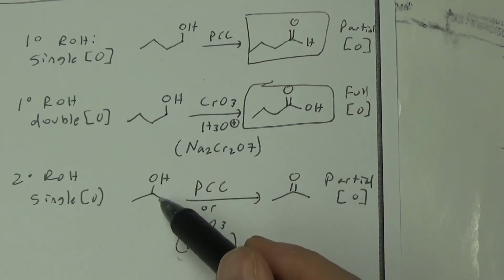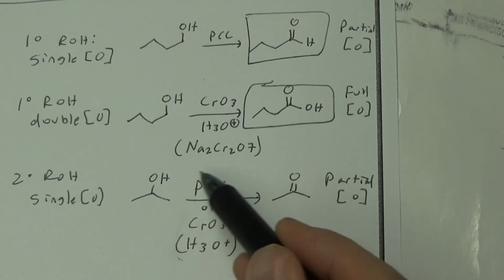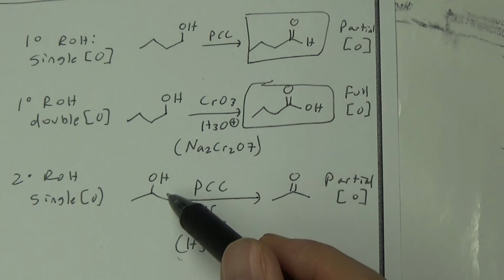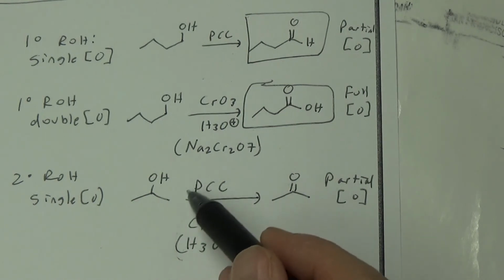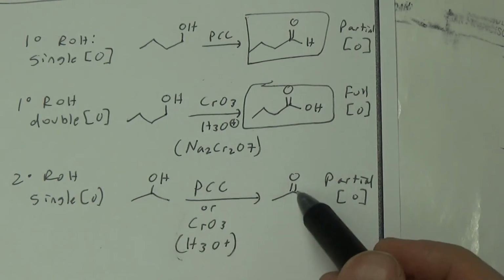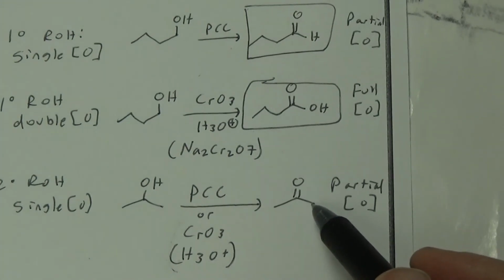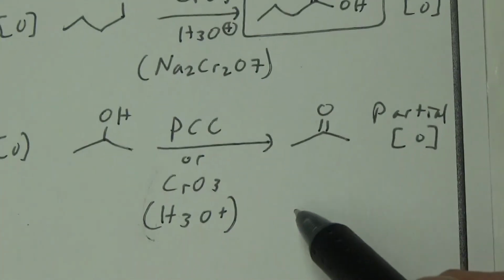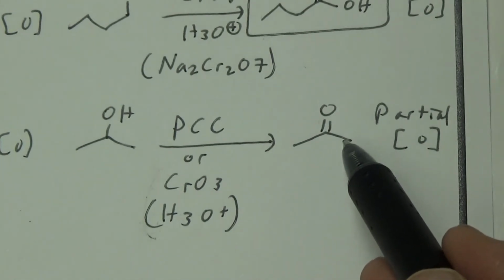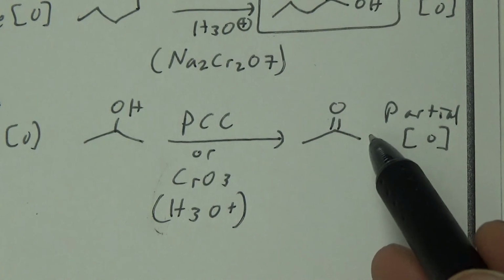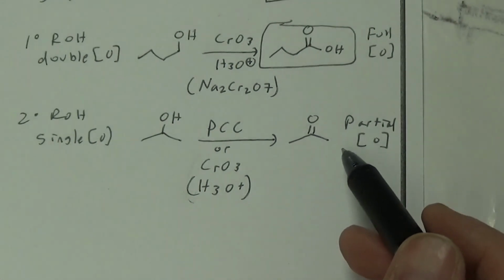There's no way to do a two-step oxidation of a secondary alcohol, at least for the time being. Chapters and chapters away, we will learn a way to over-oxidize this. It's hard for you to think about what it could oxidize to. What's higher than a ketone with 2 carbons on both sides? You'll see that later in the course.